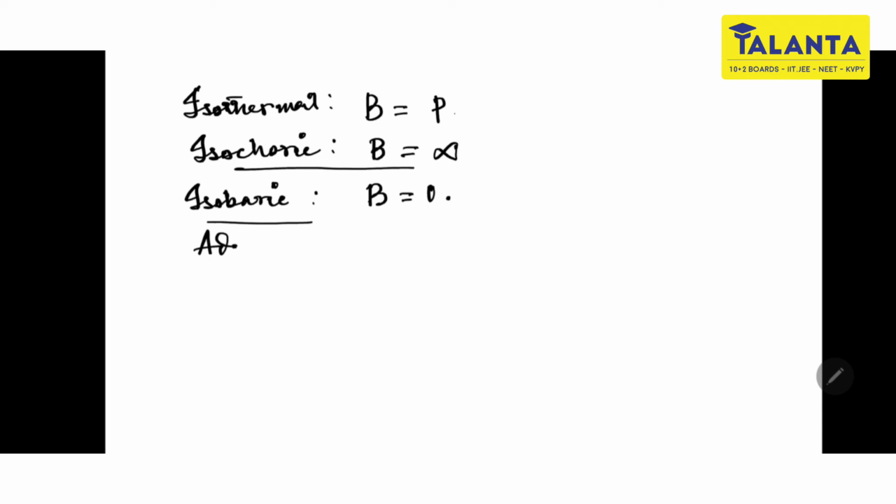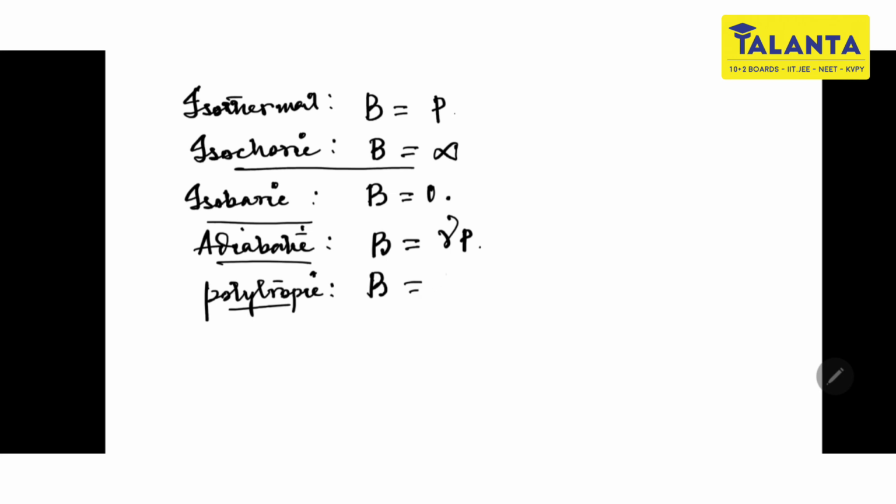In adiabatic process, bulk modulus equals gamma into P, and in polytropic process, bulk modulus equals N into P. Here gamma is the ratio of Cp and Cv.